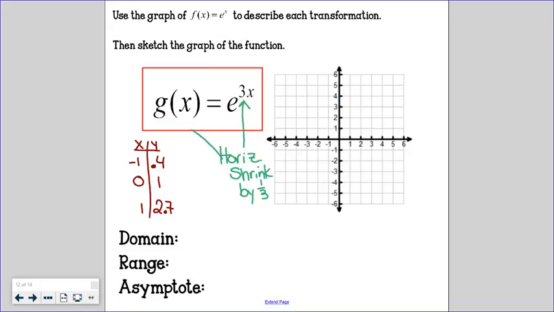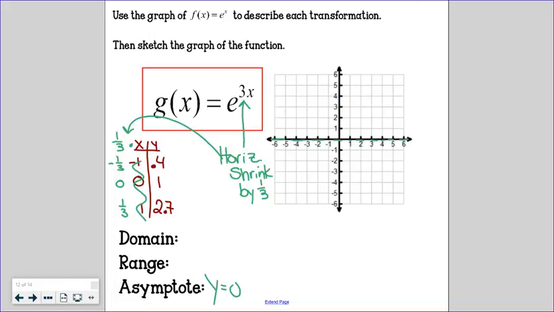Very good. And that's the only transformation in this one. So then I go graph. Did we say the words up or down? No. So our asymptote does not move. Until I say the words up or down, that asymptote stays right there at 0.